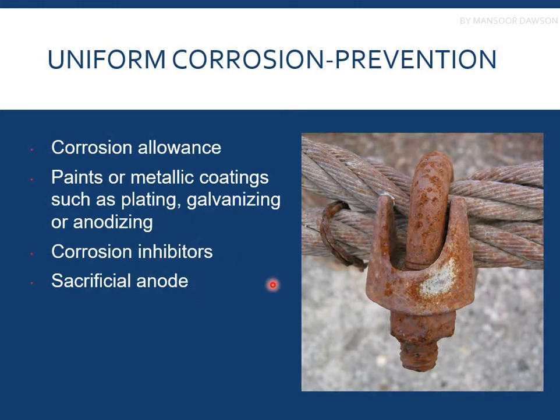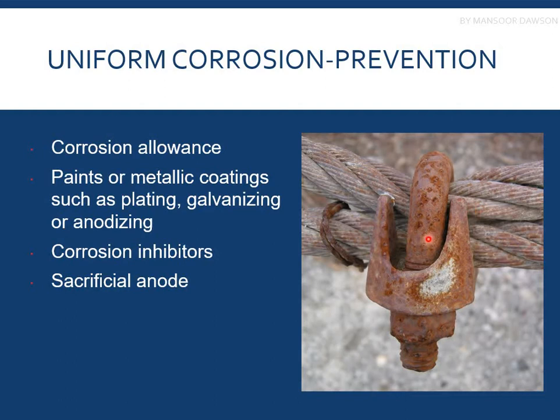Then you can add corrosion inhibitors. You can add these while the alloy is being made, before casting, by mixing corrosion inhibitors such as molybdenum, vanadium, and manganese, which protect the metal from oxidizing. Or you can use a sacrificial anode. You can provide a sacrificial anode to the part, which would be more reactive than your actual part.